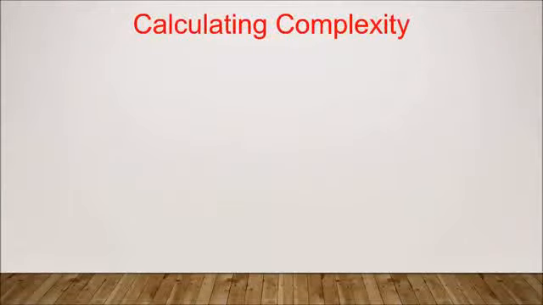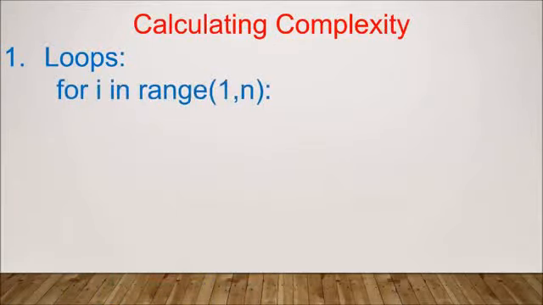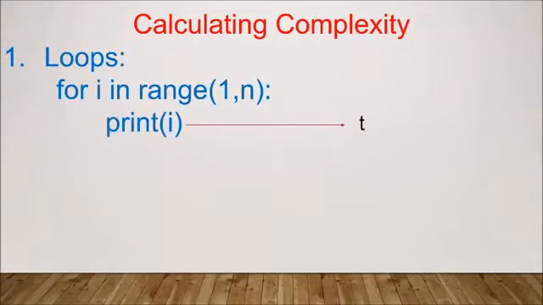Now, how to calculate the complexity of any program? First of all, if we are considering a loop, you can see here, for i in range, this is a normal loop, and print i. Suppose the time t is needed for execution of print i.